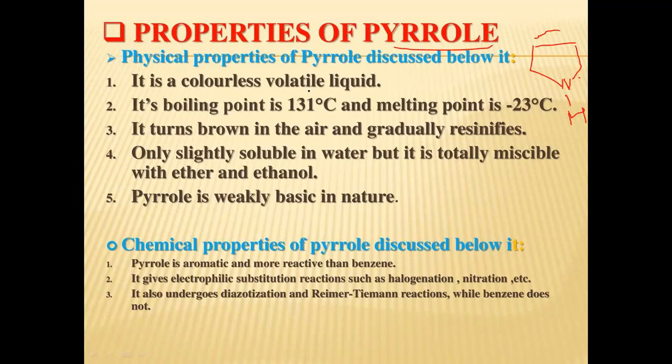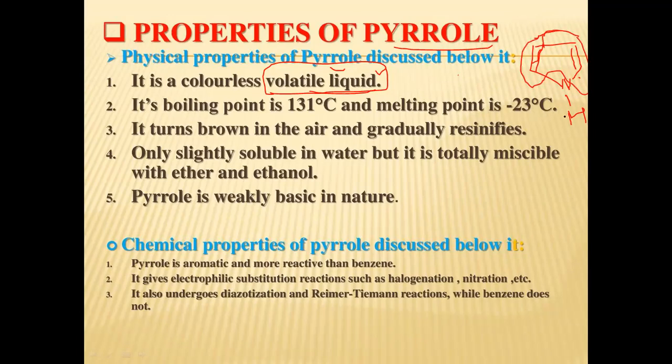So it is a colorless volatile liquid. First thing, it is a colorless volatile liquid. Volatile means there is a weak force of attraction between two molecules. So due to the weaker attraction, the molecules go away from each other, and that's why it is volatile. But the question is, why is it volatile? Due to the non-polar part in this pyrrole ring, these carbon and hydrogen bonds are the non-polar part, and this part is the larger part.